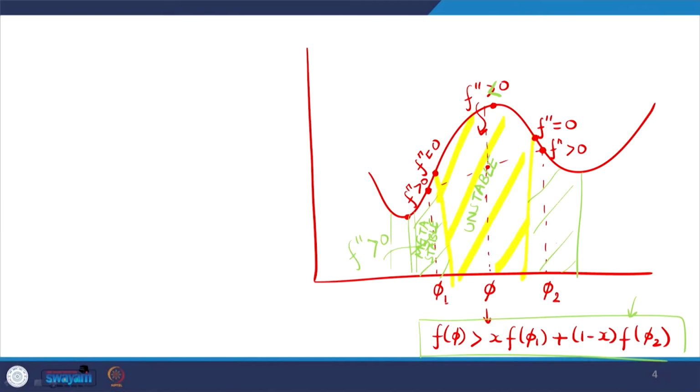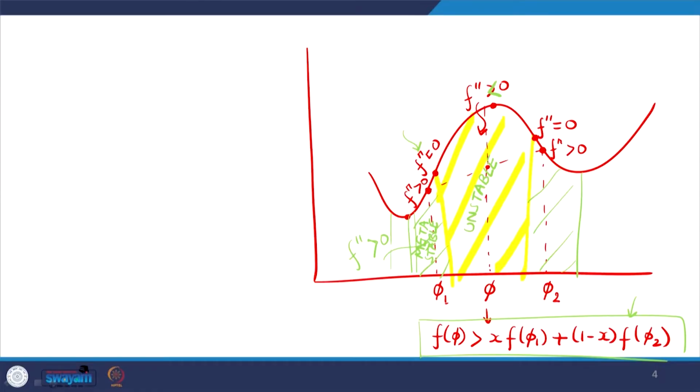So, only in the middle part of the phase diagram do we need to be concerned about the phase separation behavior, and in that too there is an unstable regime only in which f double prime remains throughout negative.